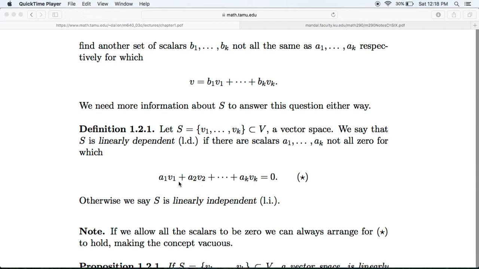So, this means that some linear combination of v1 to vk gives me the 0 vector. And if that happens, then I say that S is linearly dependent.